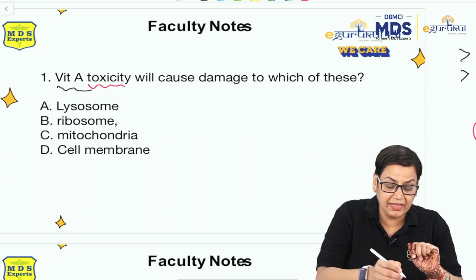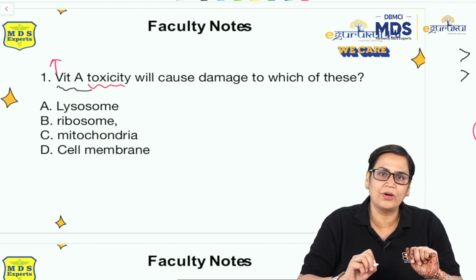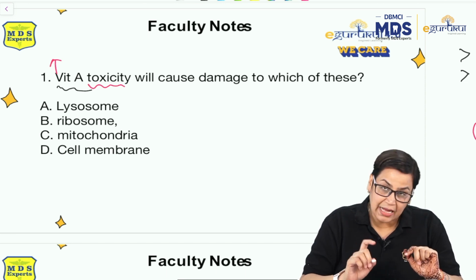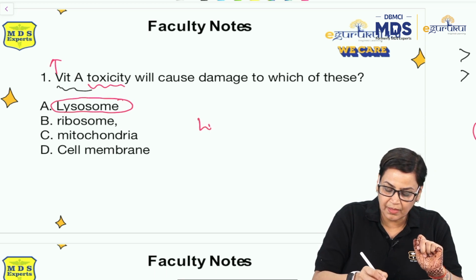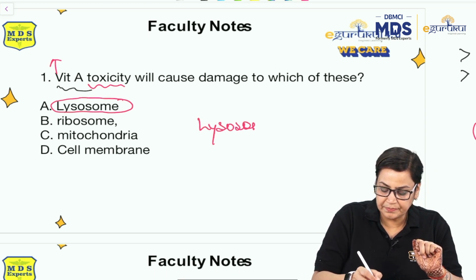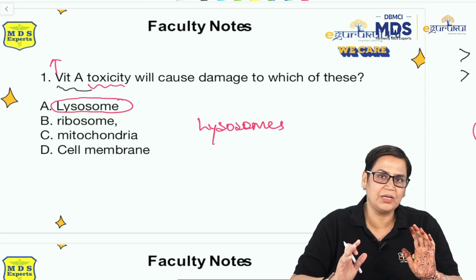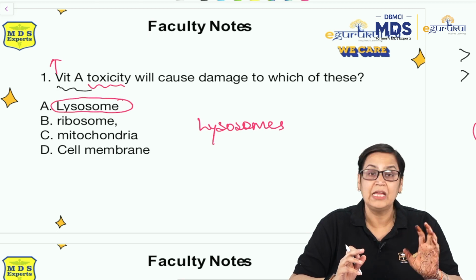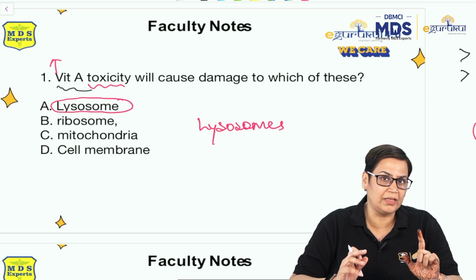Now, coming over to the question, it says vitamin A toxicity. That means if we increase the intake of vitamin A, which organelle will be damaged the most? So, the answer to this is lysosomes. Because always remember, if we have to differentiate between a fat soluble vitamin and a water soluble vitamin, all the fat soluble vitamins in general are stored in the body.